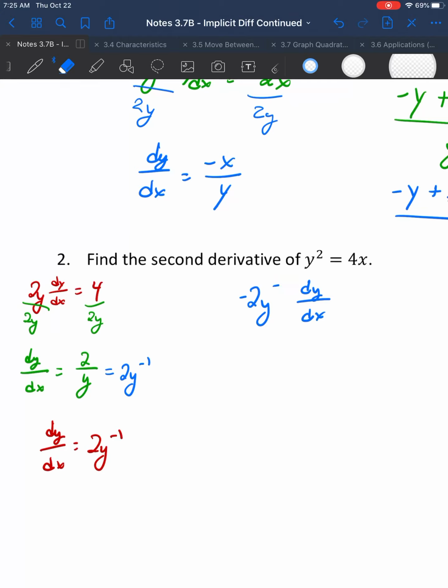Now I'm going to find my second derivative. So derivative of 2y to the negative first would be negative 2y to the negative second, dy dx. Helps if I can count. Take that exponent down, multiply, subtract 1.